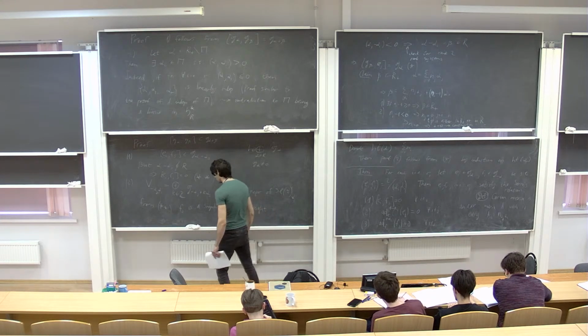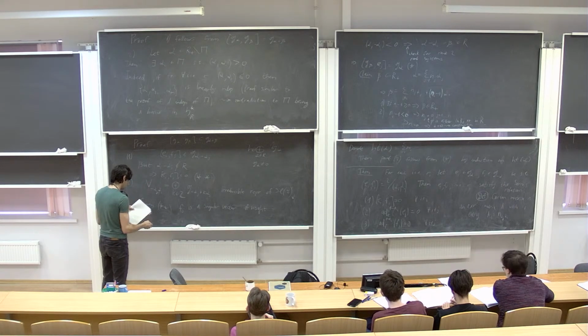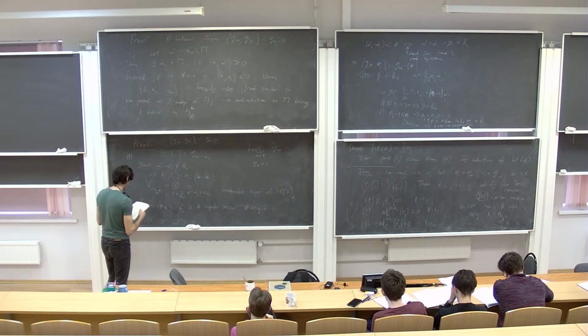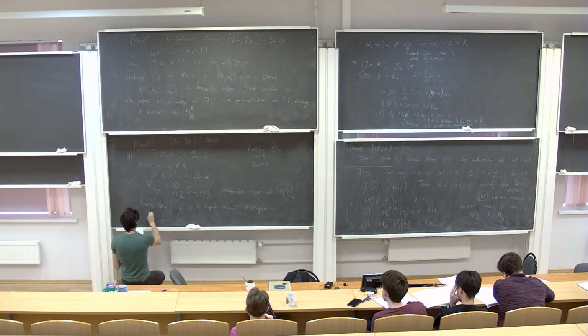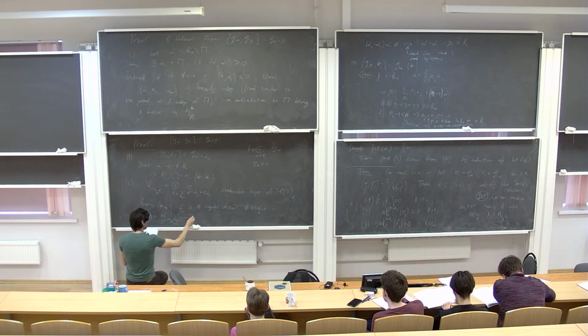If you go back, we actually computed this weight, and it was negative 2 (alpha_j, alpha_i) over (alpha_i, alpha_i).